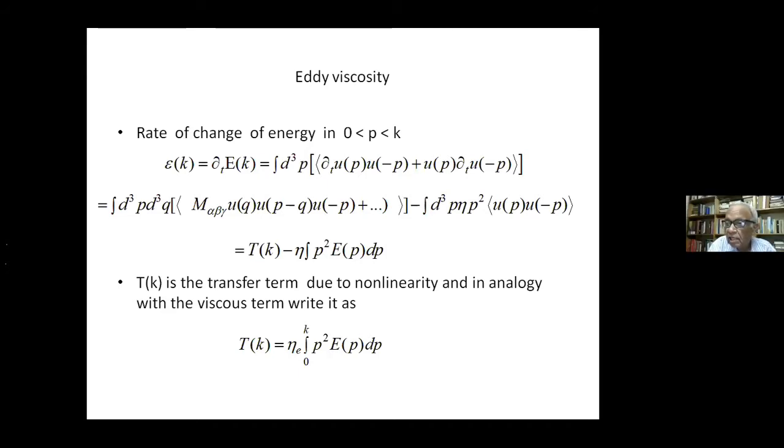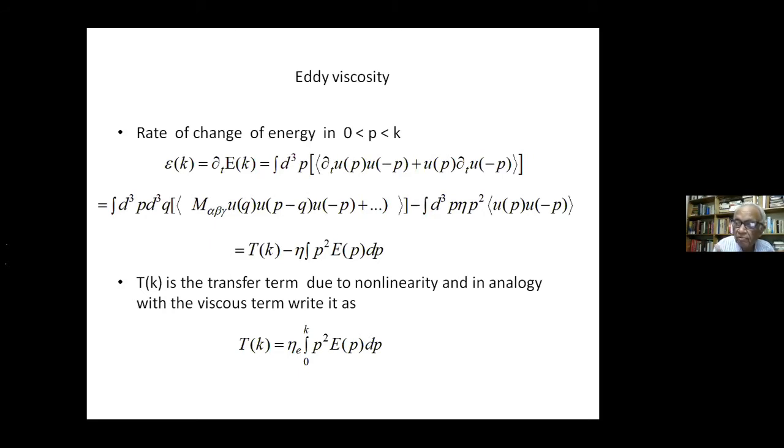What I'm driving at is the fact that the transfer rate is independent of K, while what is being put in per unit time is certainly what is being dissipated per unit time. The point over here is that the Kolmogorov picture says that it's a transfer across every wave number.